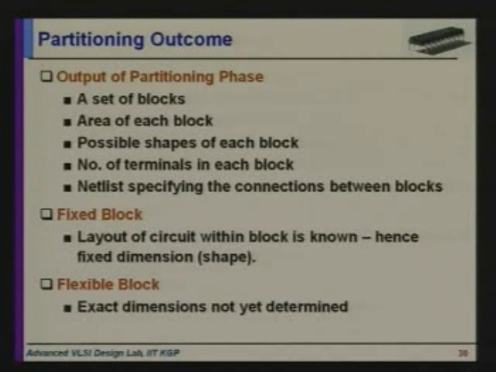It is one where the circuit layout within the block is completely known. So I exactly know the dimensions of the block, its shape. And a flexible block is one where the dimensions can be varied within a range. If I consider only rectangular blocks, I have a lower bound and an upper bound on the aspect ratios that I can maneuver with.